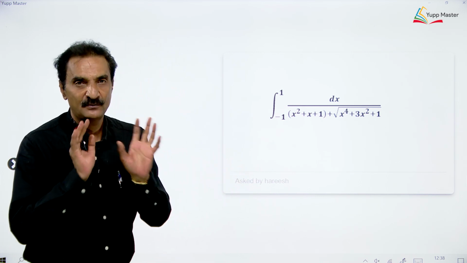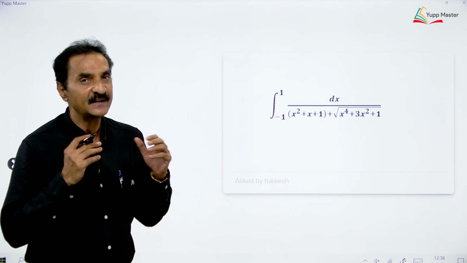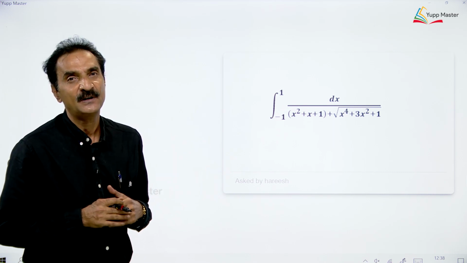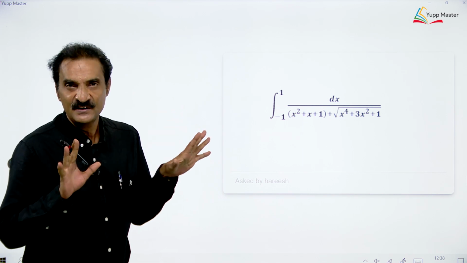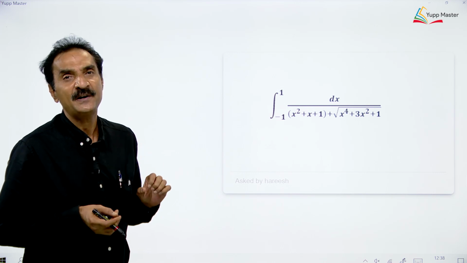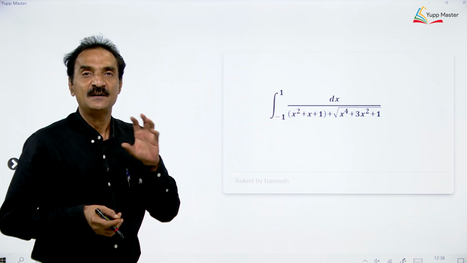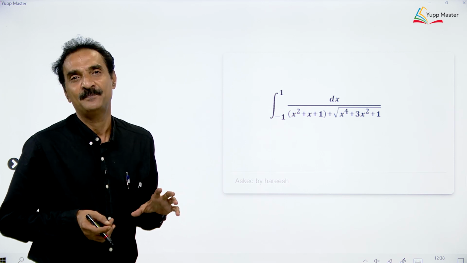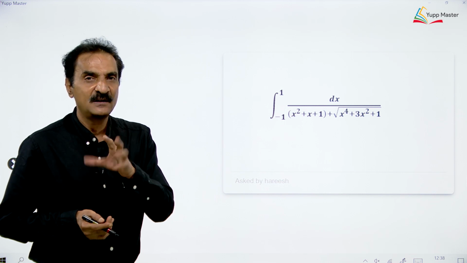While solving any question, getting the idea is very important. You remember 2 points regarding this question. One point is, whenever the limits of a definite integral are in the form of minus a and plus a, immediately you will try the even odd function property.